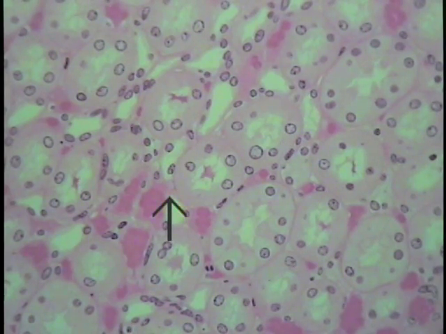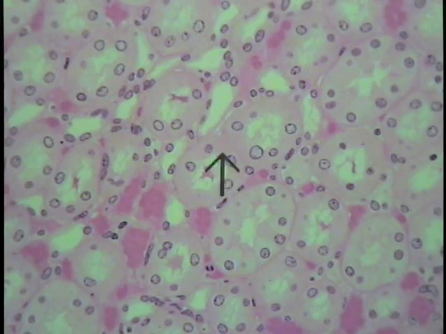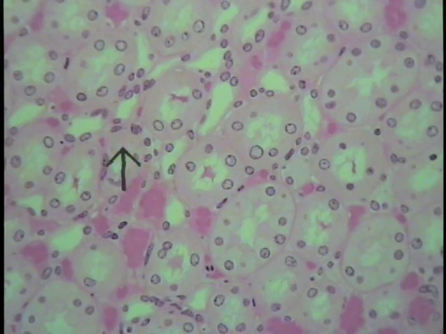Immediately adjacent to those tubules lined by simple squamous epithelium, you'll see tubules that are slightly darker, more granular in color, where the nucleus is more or less centrally located, and you have an equidistant amount of cytoplasm both above and below it. So these are fairly close to what a simple cuboidal epithelium would look like, also lining this tubule, this tubule as well, this one here as well.